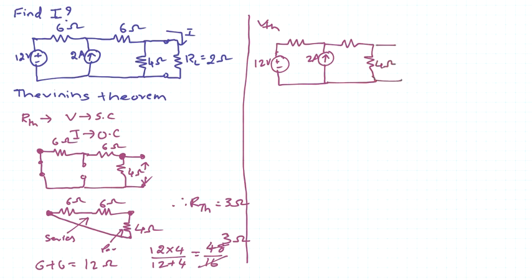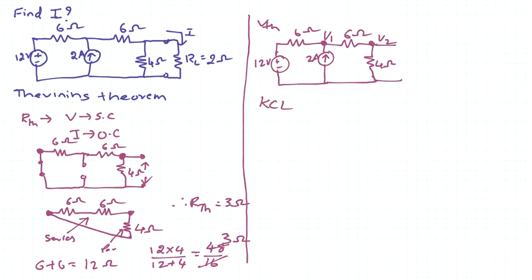Okay, this will be open circuited. So here 6 ohms, this is 6 ohms. Now we have to see the nodes here. This is one node, we can call it V1, and this is another node, we can call it V2.